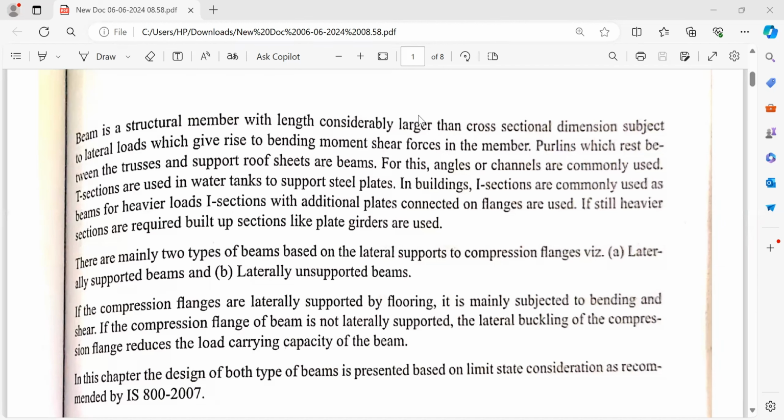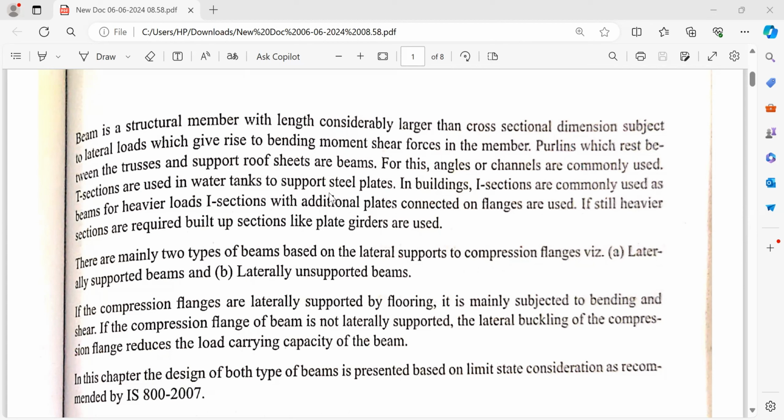Suppose you provide laterally unsupported beams, then it will get deflected out of its original position. Horizontal forces may cause displacement of the top flange, which reduces the load carrying capacity of the I section. So that is the difference between laterally supported and laterally unsupported beams.